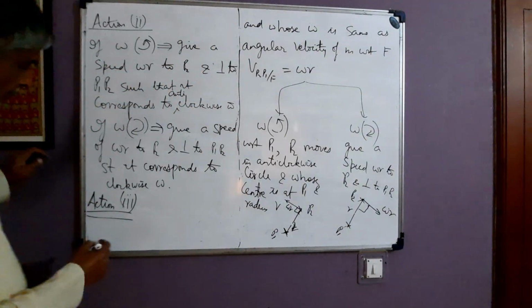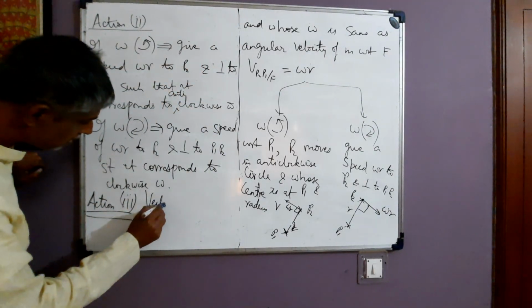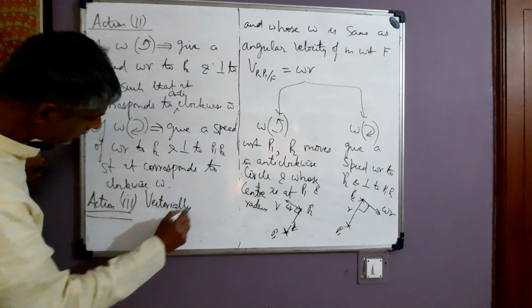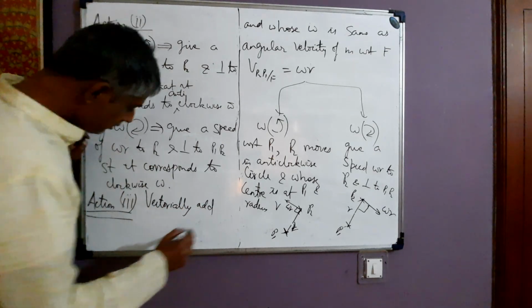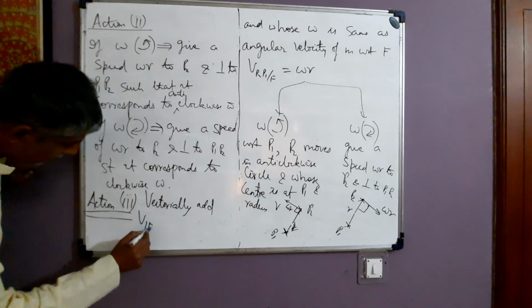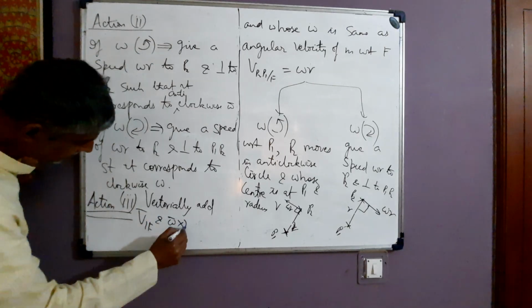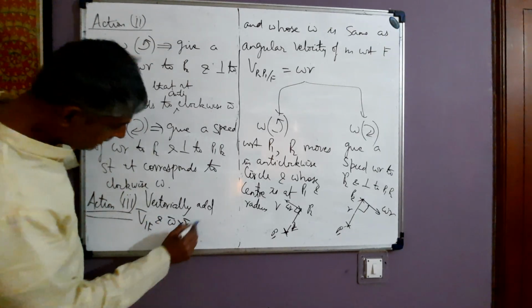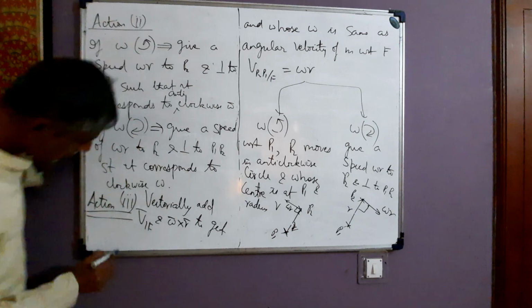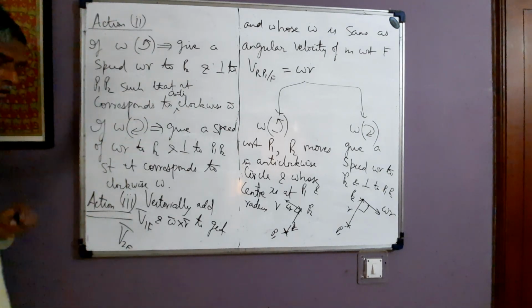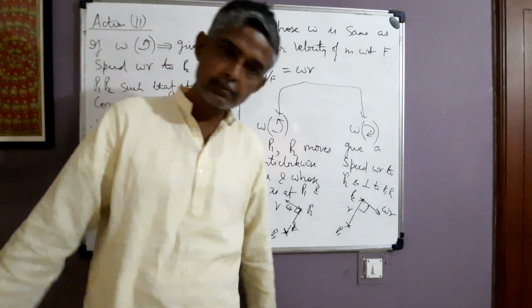That's all. So vectorially add V1F and omega cross R to get V2F. That's all. So it is a three-step procedure.